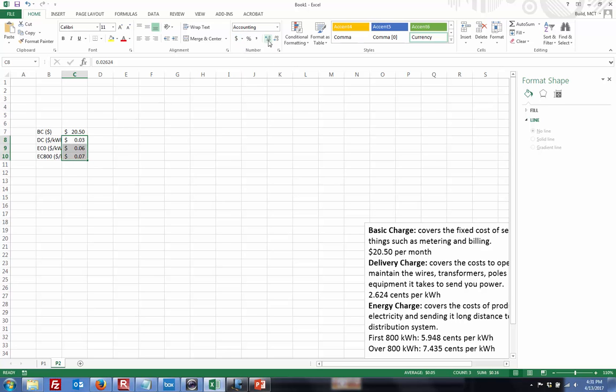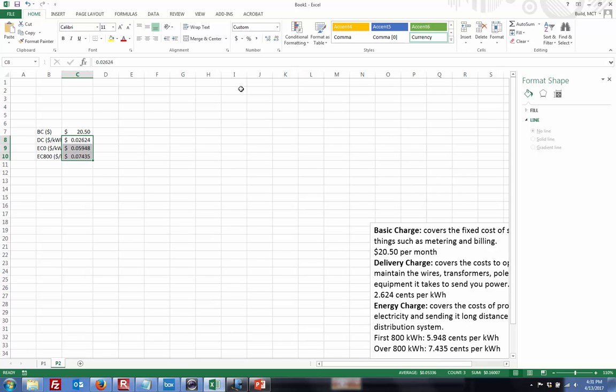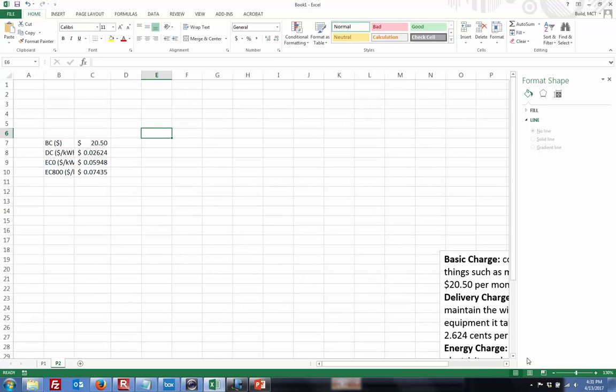Add a couple decimals, not that many. And put it all in. Yeah, it can all be in dollars. Goes to the default. All right. Okay. Got that.